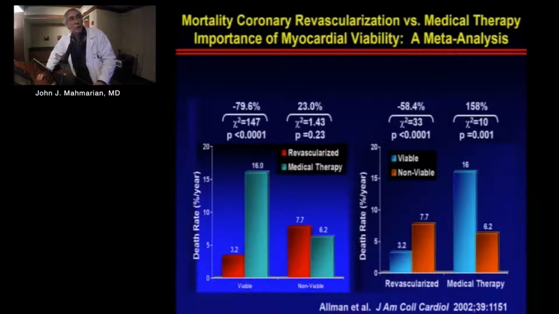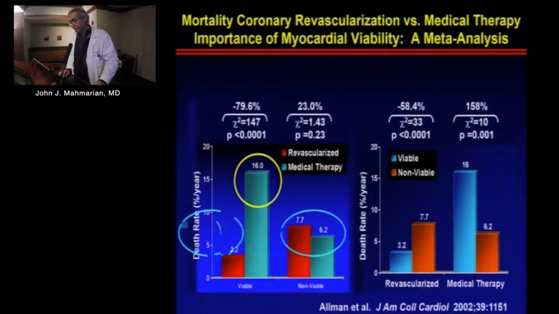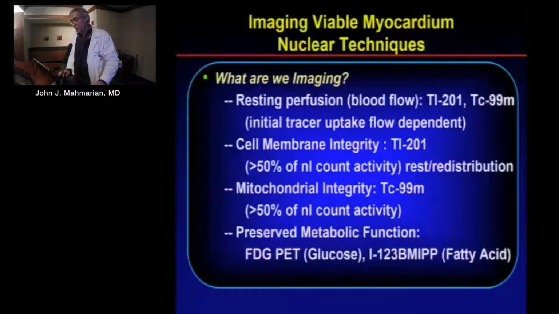So the concept here is that if someone is non-viable and they go for surgery, you may actually do worse for them. Whereas if they're viable and you just treat them medically, they will also have a worse outcome, and they should have been revascularized to begin with. So again, this is pooled data looking at echo as well as nuclear imaging, just to show you that.